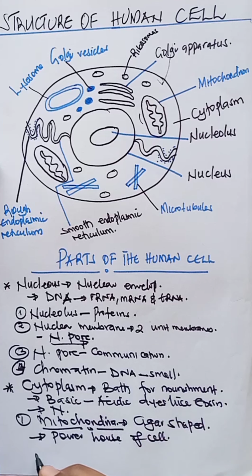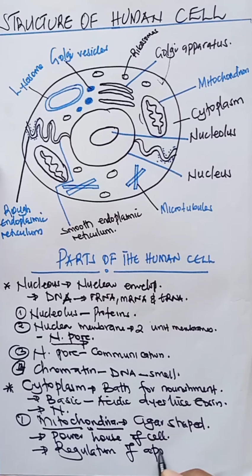Apart from being the powerhouse of the cell, the mitochondria also performs other functions. For example, it is very important in regulation of apoptosis.